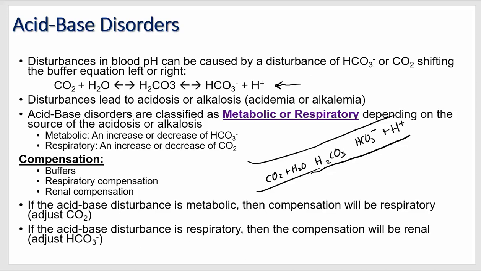Okay. So then we have renal compensation. If the respiratory system is the cause of it, then the kidneys are responsible for either dumping more hydrogen or not dumping hydrogen. We can say this next part in general, and this is accepted and it's true. If the acid-base disturbance is metabolic, then your compensation will be respiratory.